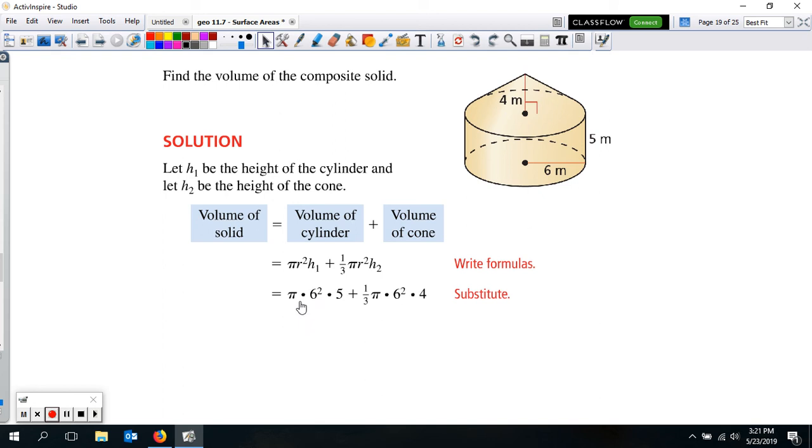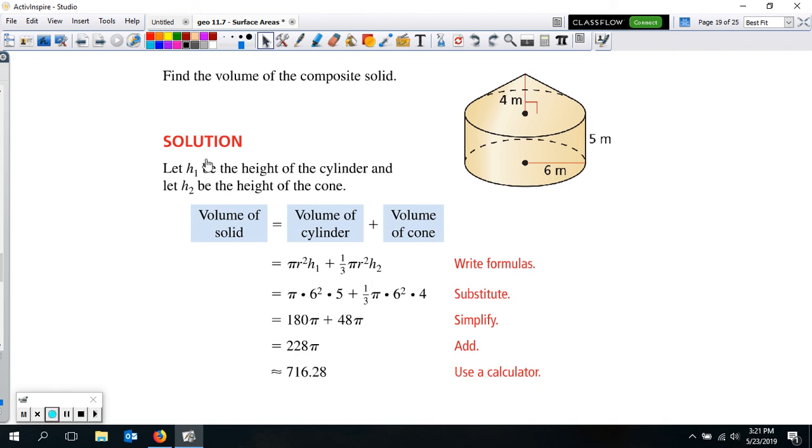And for the volume of the cone, it's 1/3 times pi r squared, again right there, times the cone's height, which is 4. Then you simplify all that down and figure out how many pi you have. As you do this, you can add the pi's together. You end up getting 228 pi, but if you want the decimal number, use the calculator to multiply by pi.